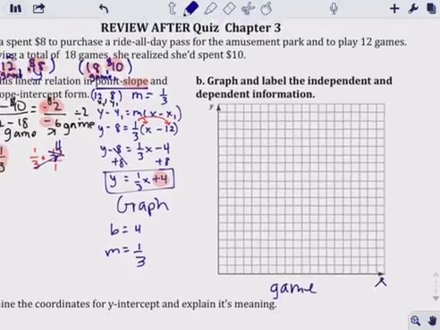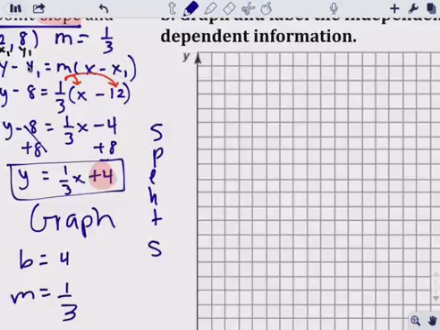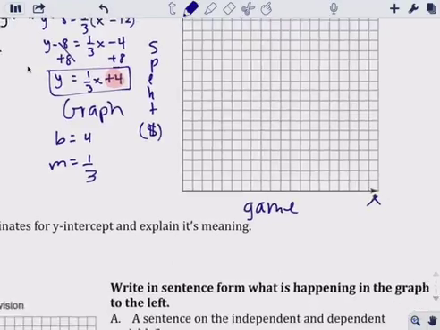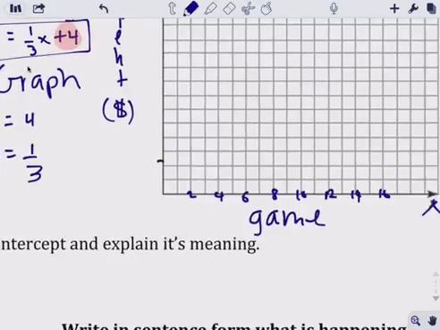This is the amount she spent, in dollars. Okay? So we're going to count each number by 2. If you did this already, fast forward it and go to the next problem, which I will address in a little bit.